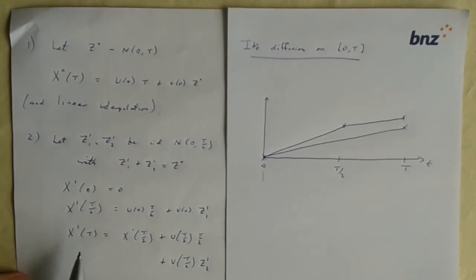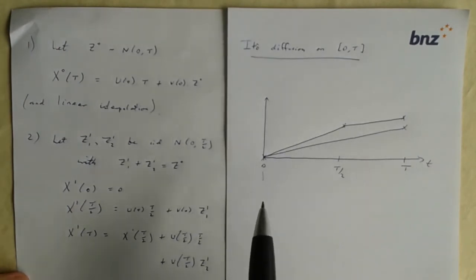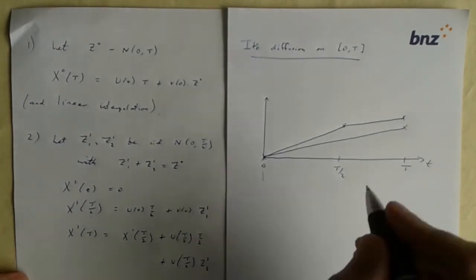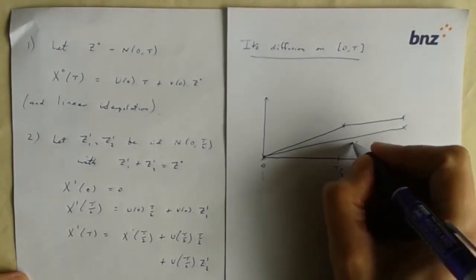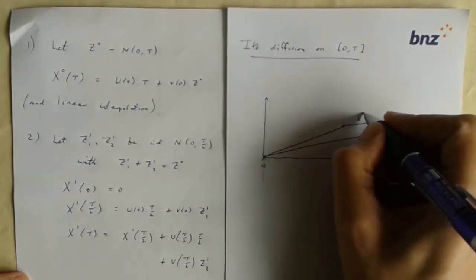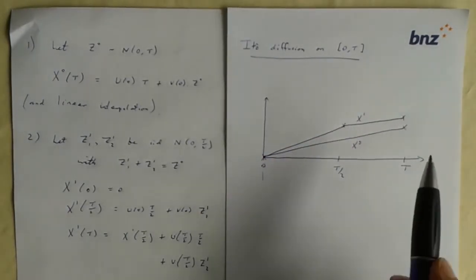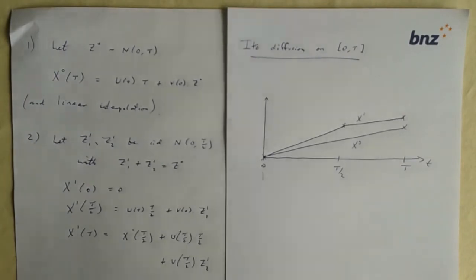Notice that the value at time capital T is not quite the same as it was for the first approximation. So this is x0 and this is x1. They're not quite the same at time capital T, although if u and v were constants, it would be the same. If you look at the way this is written to add up, we've added up u0 times t over 2 plus u t over 2 times t over 2.